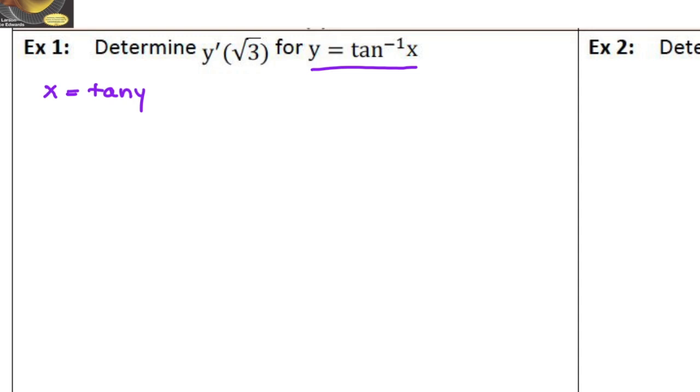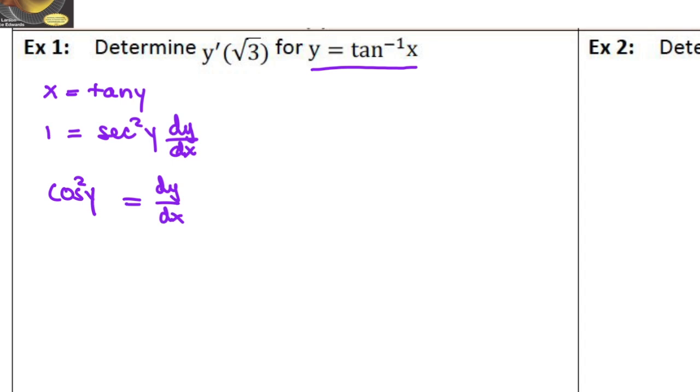The derivative of x with respect to x is 1, and that will equal your secant squared y dy/dx. Now, specifically, we were looking for y prime of the square root of 3, so let's now solve for dy/dx. dy/dx is equal to the cosine squared of y.